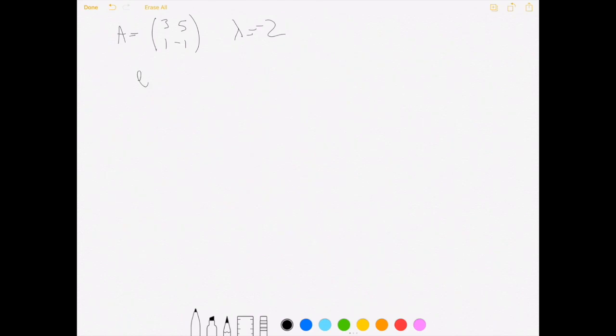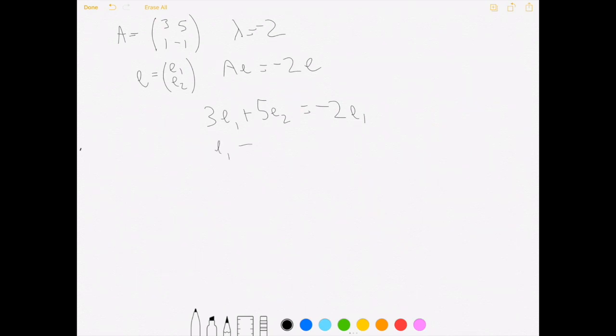So we want to find E, let's call it E1, E2, those are the elements of E, and it satisfies A E equals minus 2E. Right? So if we write that out fully, A times E gives us a set of linear equations, 3E1 plus 5E2 equals minus 2E1, and what have we got?